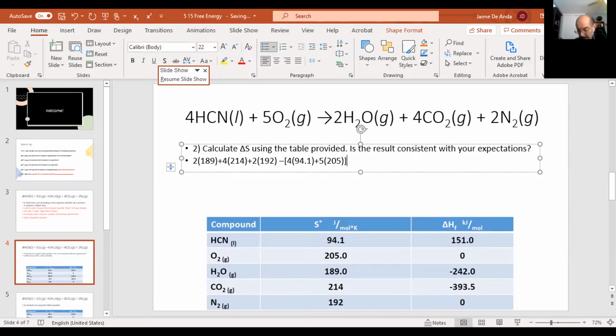Close the bracket there, and the rest will be just numbers, right? Sorry, I have a very cheapo calculator, so I have to do it almost by hand. So 94.1 times 4, and then 205 times 5.